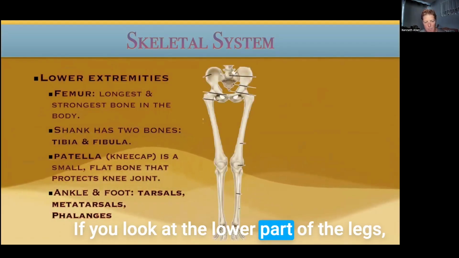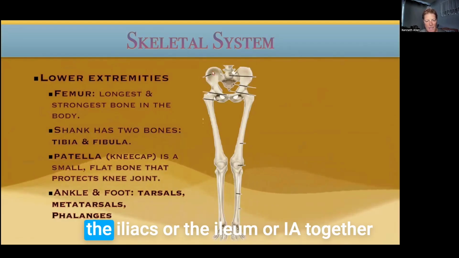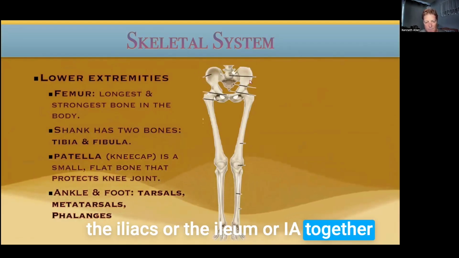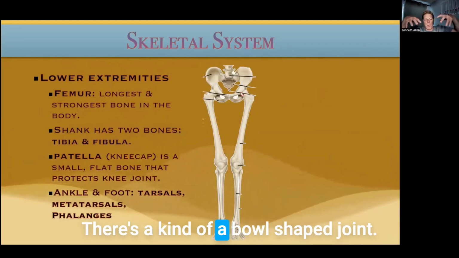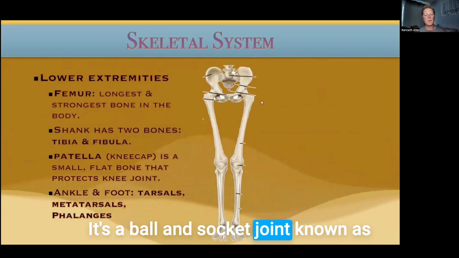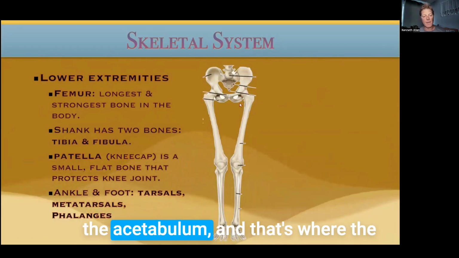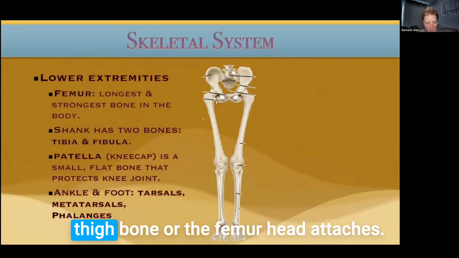If you look at the lower part of the legs, the iliacs or the ilium or ilia together move down, and there's a little hole there. It's a kind of bowl-shaped joint. It's a ball and socket joint known as the acetabulum, and that's where the thigh bone or the femur head attaches.